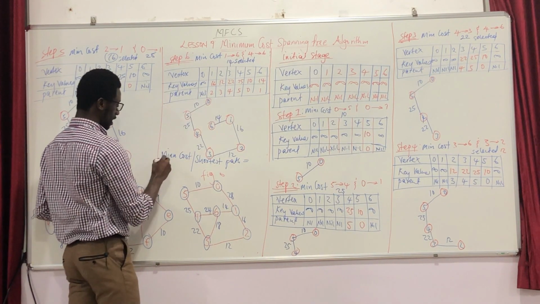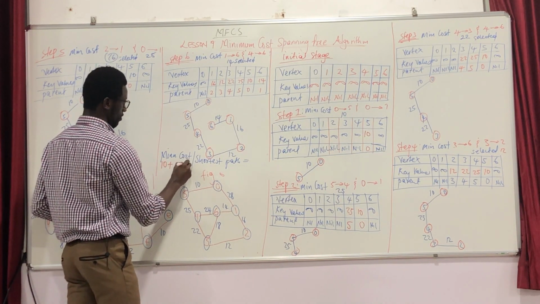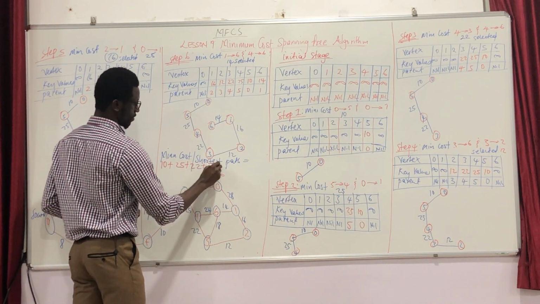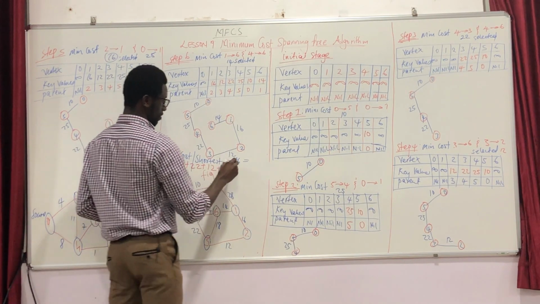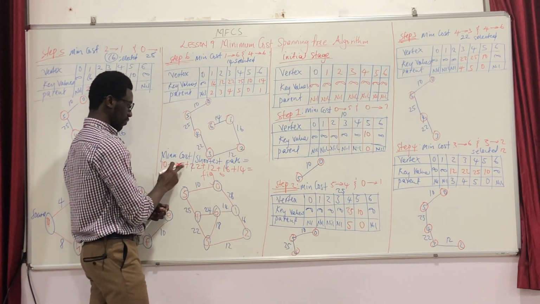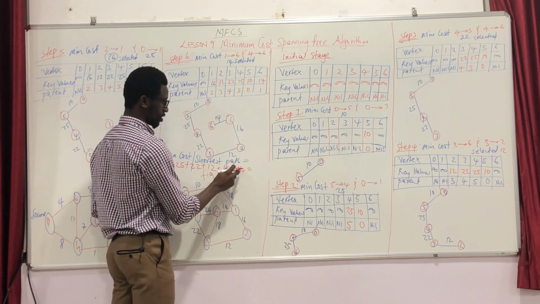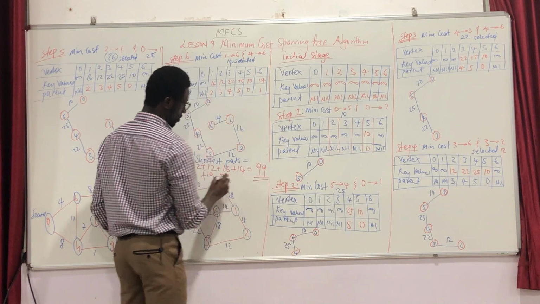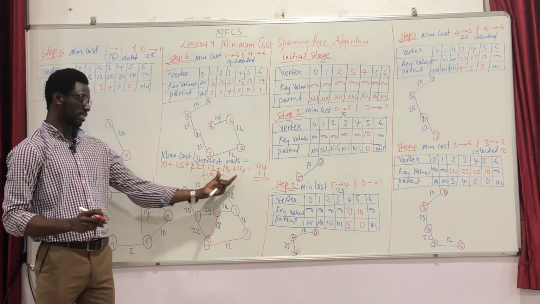So first we start from 10 plus 25 plus 22 plus 12 plus 16 plus 14 here. So we'll add this total, 10 plus 25 plus 22 plus 12 plus 16 plus 14, total of 99. So therefore, our minimum cost for this one using Prim's algorithm is 99.